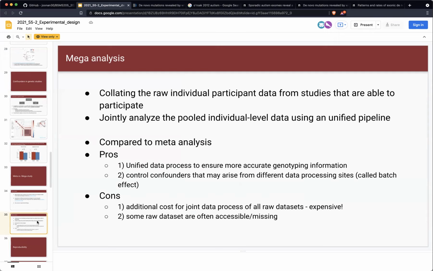And one spoiler for the gnomAD data set, this is a mega-analysis, and this is the strong point of why the gnomAD data set is so valuable in our field, because they are doing a sort of mega-analysis in the field, right? And this is the one point you have to understand, the meaning of meta and mega analysis in real-world research.